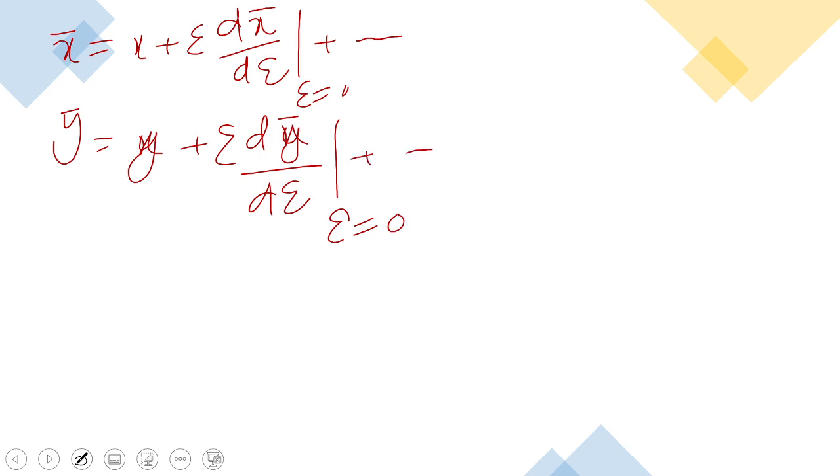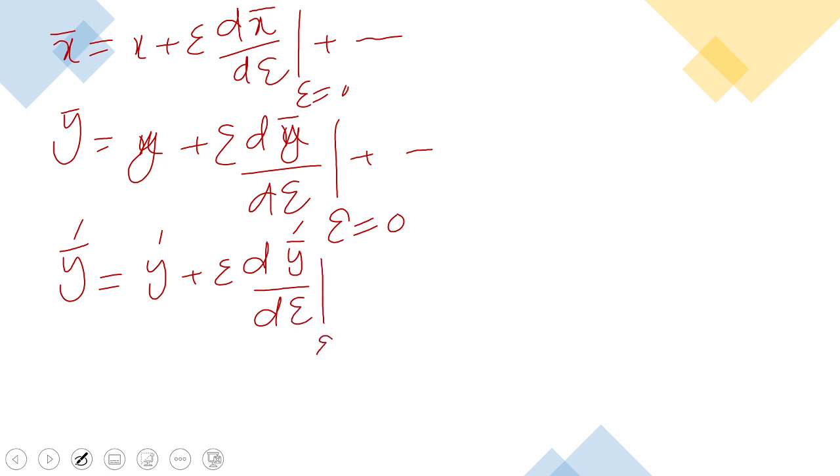So what can we write for the derivative of the function y? That will be y dash plus epsilon dy bar dash over d epsilon, given epsilon to be 0, after calculation.